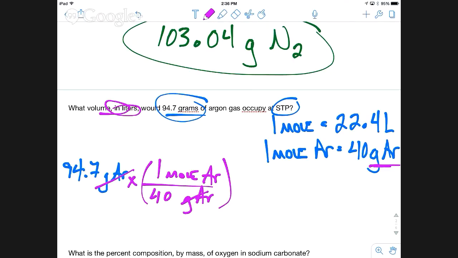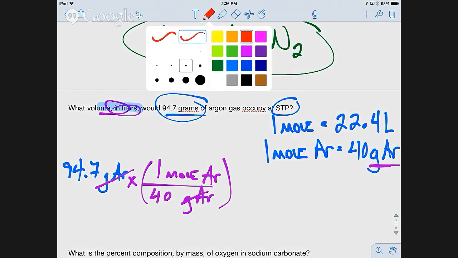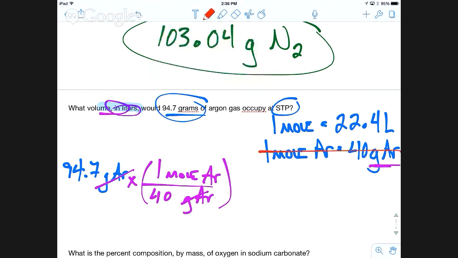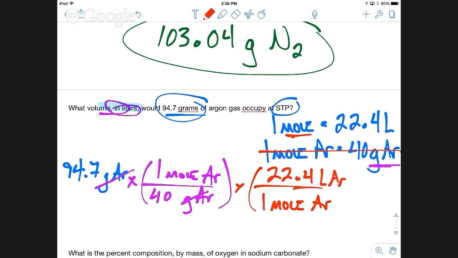But again, I need liters. I still know moles, right? So 1 mole of Ar is 22.4 liters of Ar, because no matter what the gas is, 1 mole of that gas will always occupy 22.4 liters. So that gets rid of my moles, leaves me with liters, and now I know I have the right answer.